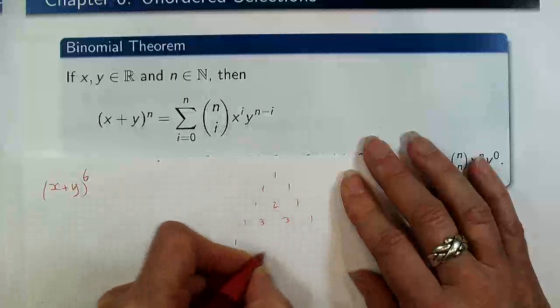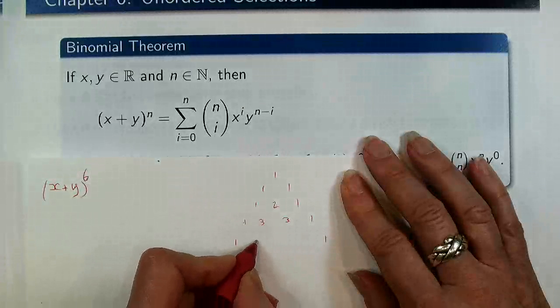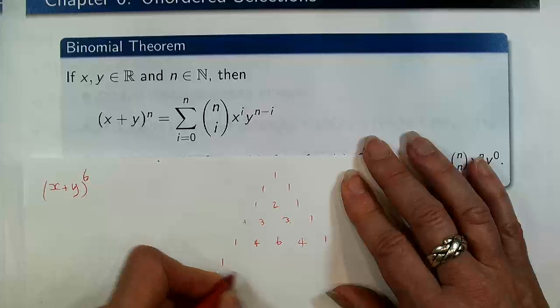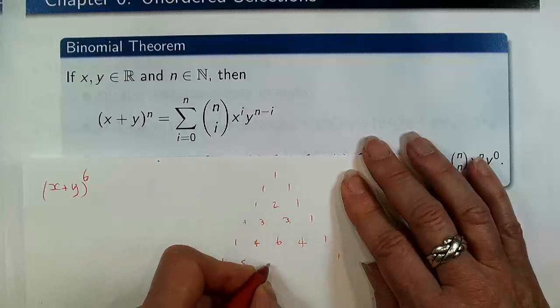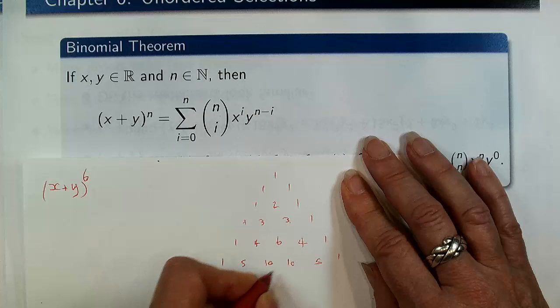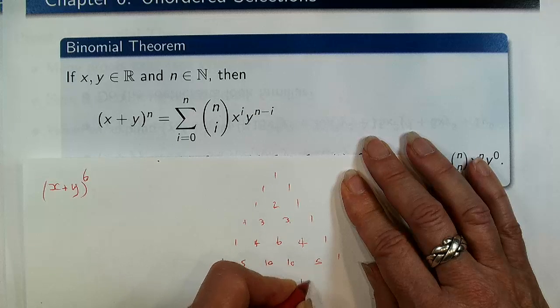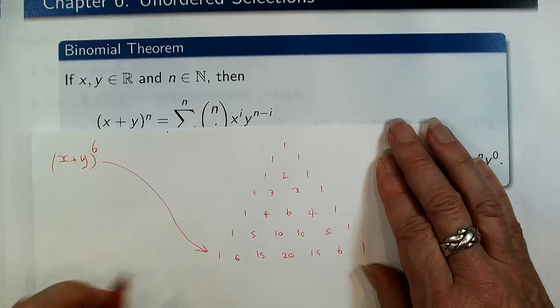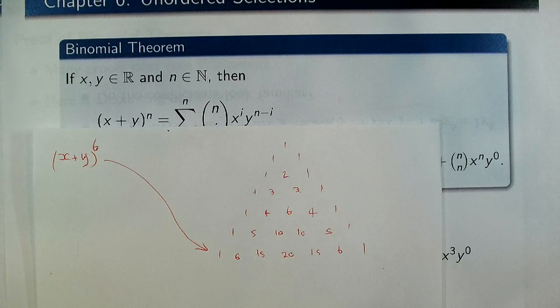Remember Pascal's triangle, we put 1s down the side. 1 plus 3 is 4, 3 plus 3 is 6, 3 plus 1 is 4, 1. 1 plus 4 is 5, 10, 10, 5, 1. 6, 15, 10 plus 10 is 20, 10 plus 5 is 15, 6, 1. And that gives me the coefficients in the expansion of (x plus y) to the 6th.